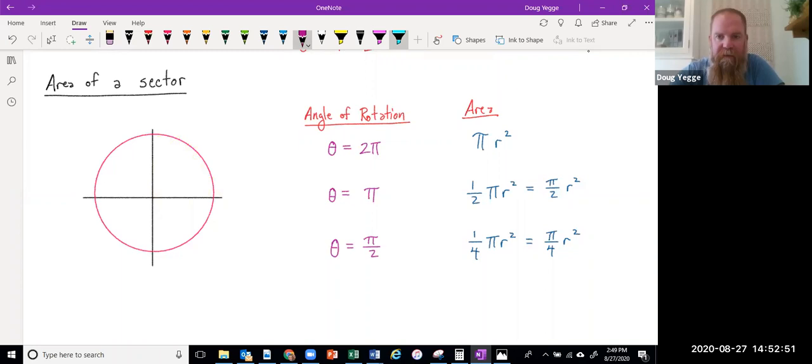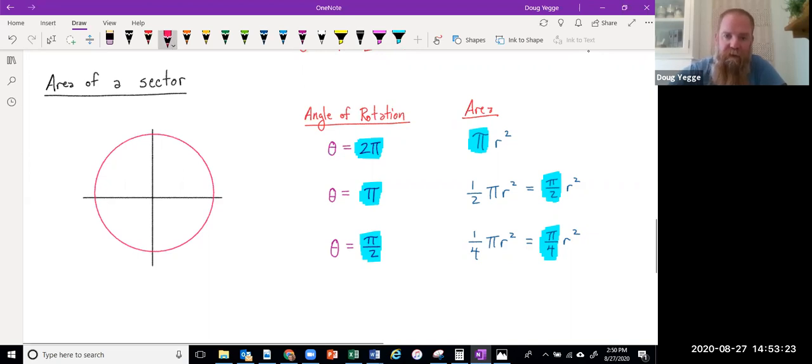So now I'd like to take a look at a couple of things here. I'd like you to realize that the angle of rotation was 2 pi, but I'm multiplying r squared by pi. If the angle of rotation was pi, I'm multiplying r squared by pi over 2. If the angle of rotation was pi over 2, I'm multiplying r squared by pi over 4. You should realize that every one of the coefficients for area is half the size of the rotated angle.